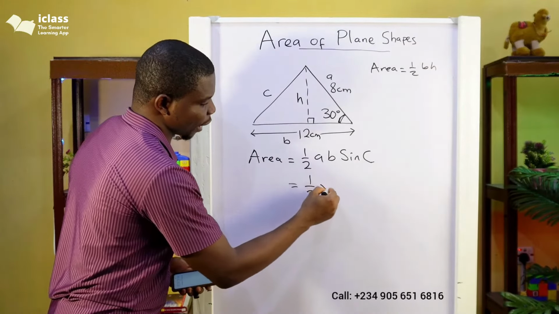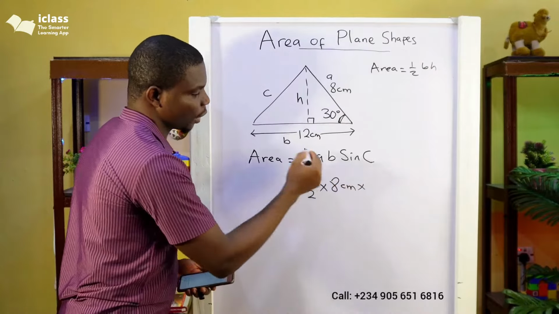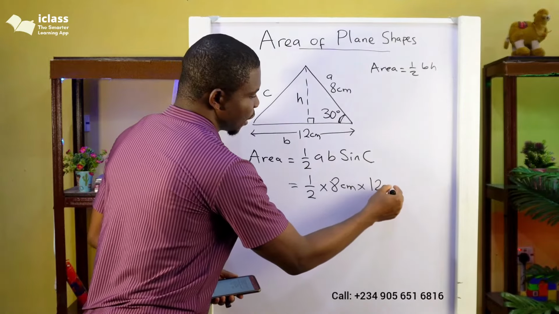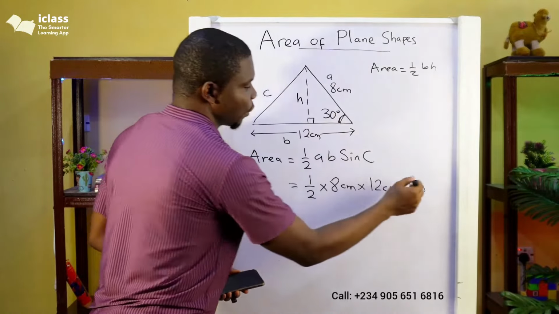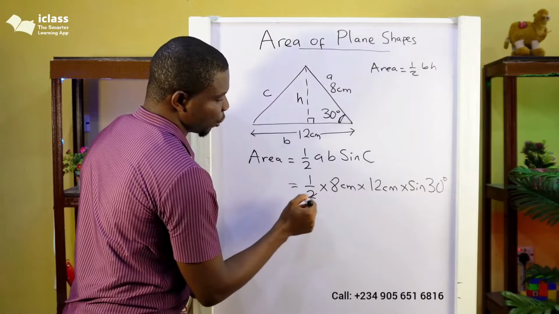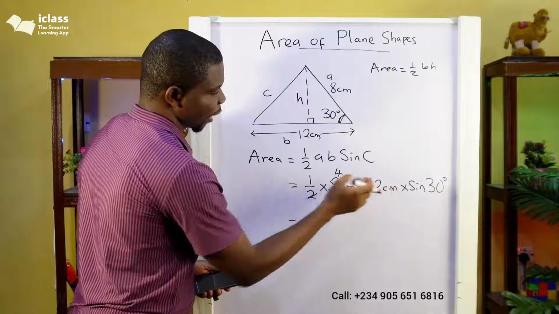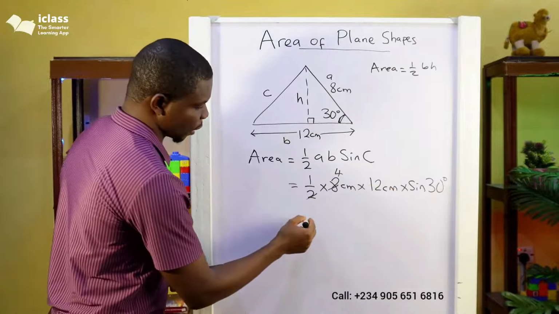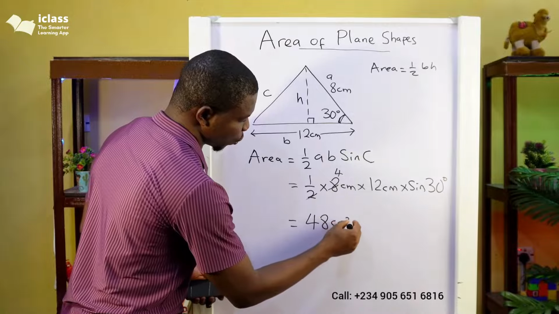This will be half times A is 8 centimeter, B is 12 centimeter, and then sine C, sine 30 degrees. Good. So 2 we go into 8, that will be 4 centimeter times 12 centimeter, that will be 48 centimeter square.